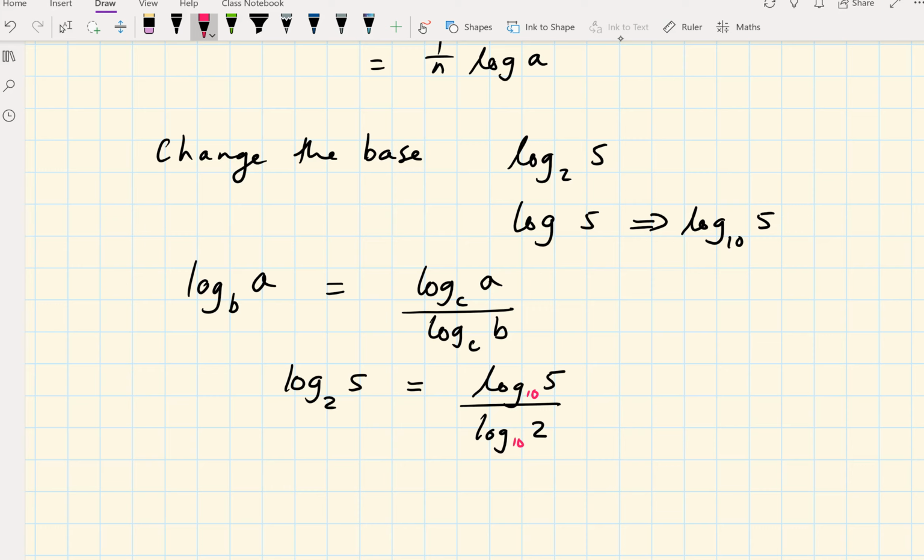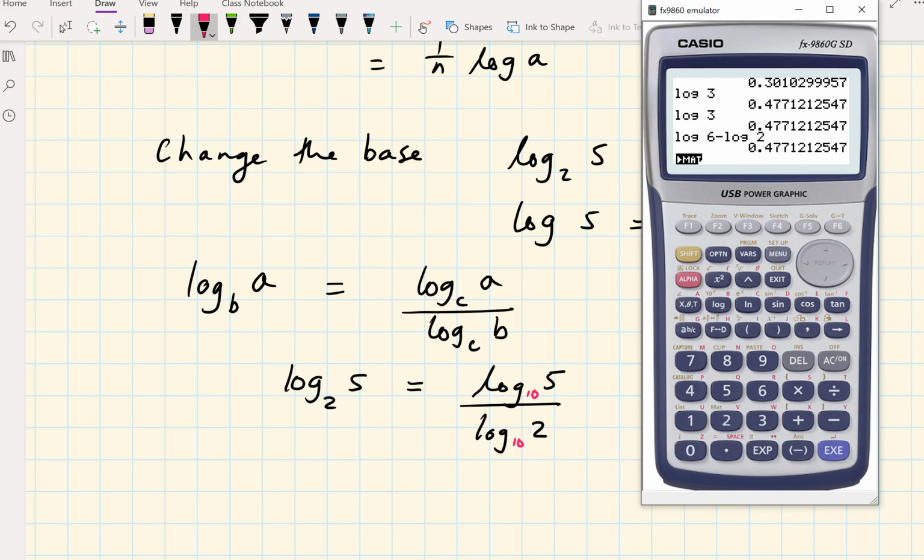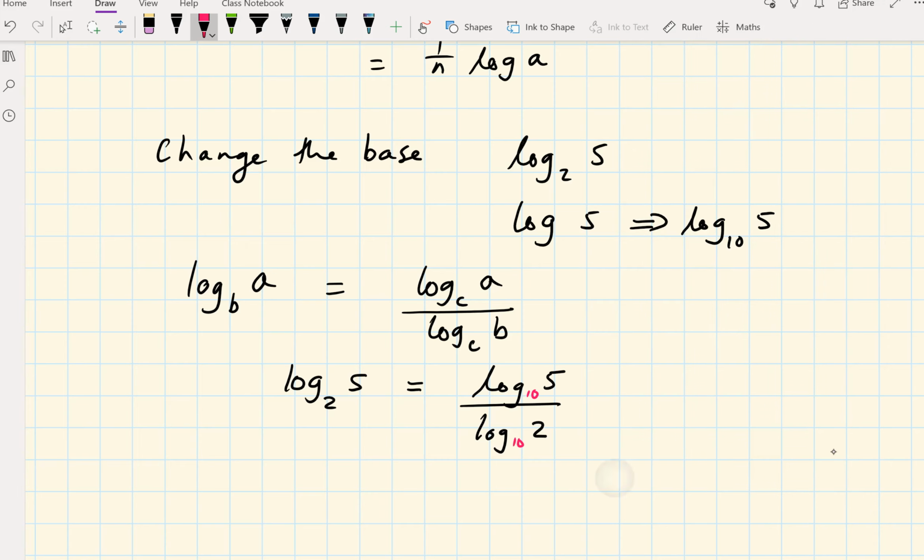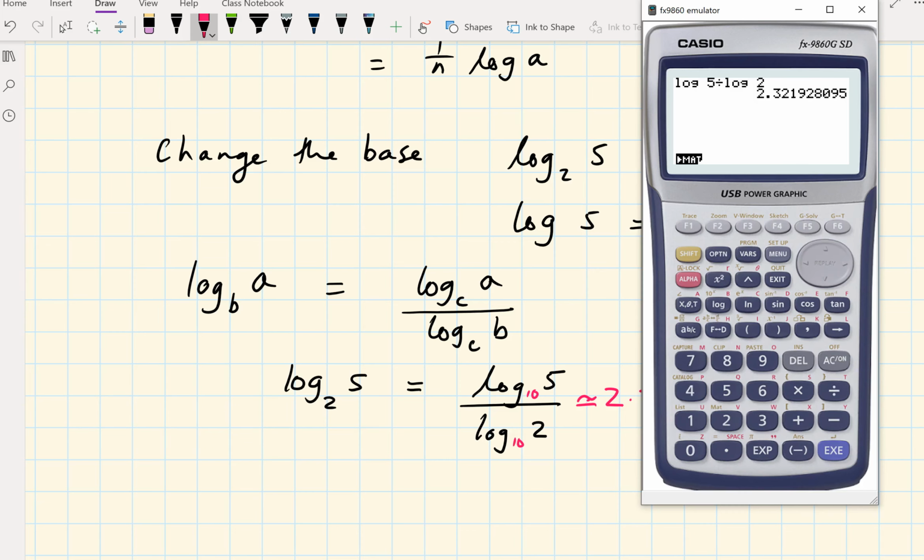But as I say, if you leave it out, it's understood that that's what's going to happen. And then obviously you can just get your calculator out, clear all of that, and then it's just a case of log 5 divided by log 2. And we get our answer there, 2.32.